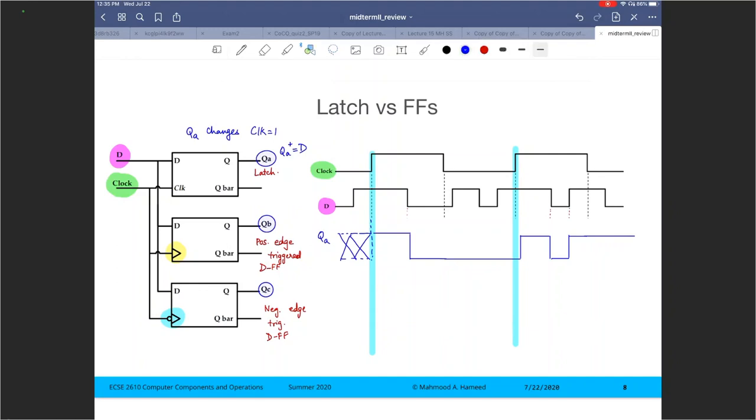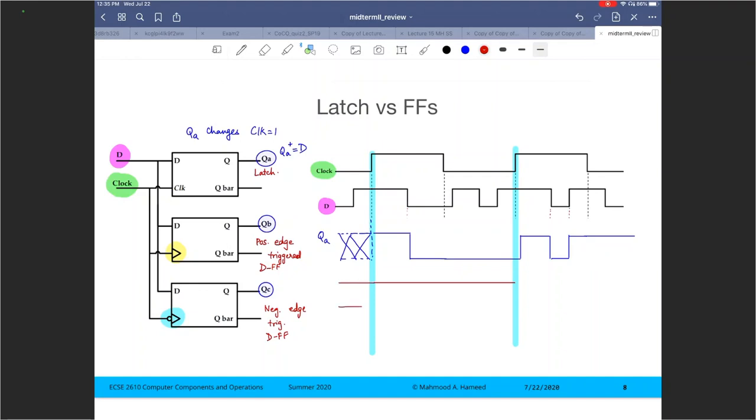So let me draw that output waveform maybe in red. At the first positive edge, what is the data input? 1. So at that moment, or soon after that moment, it will become 1 and it will stay that until the next one. Before that, however, I don't know what it is going to be.